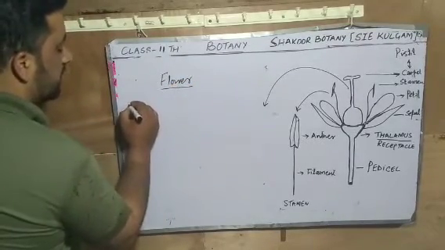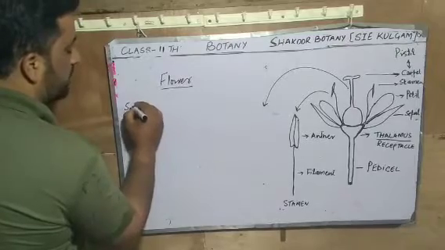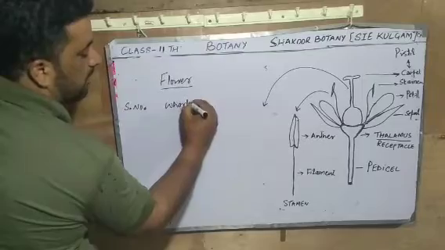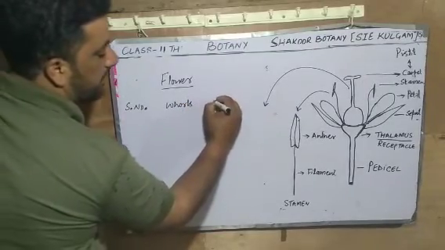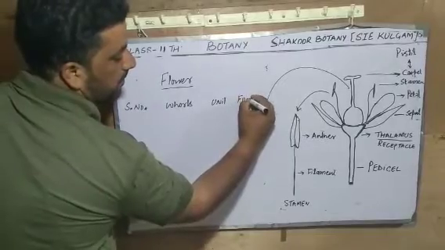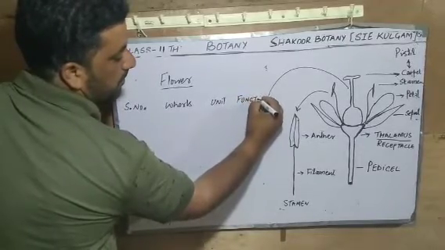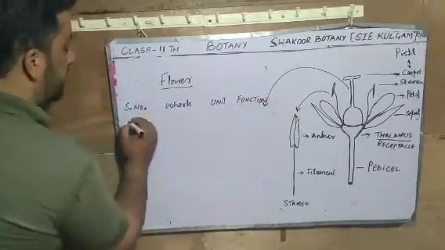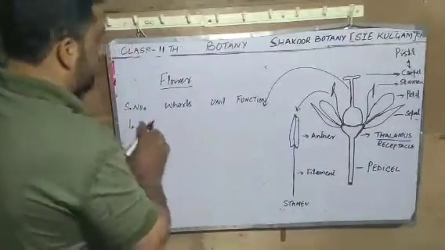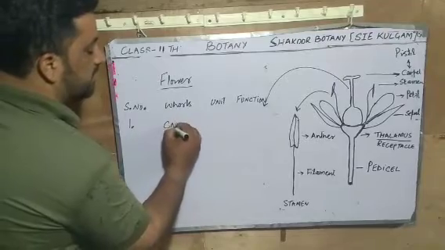You will get 4 whorls. आपको 4 whorls मिलेंगे फ्लावर में. Outermost whorl, फ्लावर के सबसे बाहर जो whorl होती है, that whorl is called calyx.